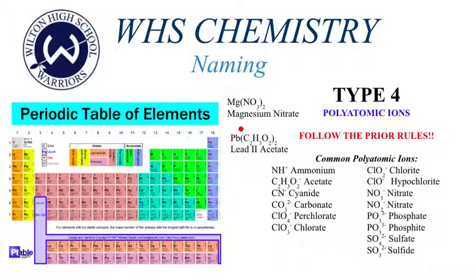If we have a +2, we're going to need a -2 to make it neutral, and acetate is a -1. So we need 2 acetates to cancel and make it neutral. So lead 2 showing the charge of Pb, and then acetate. And that's how we get this 2, showing that we need 2 of them to make that neutral.